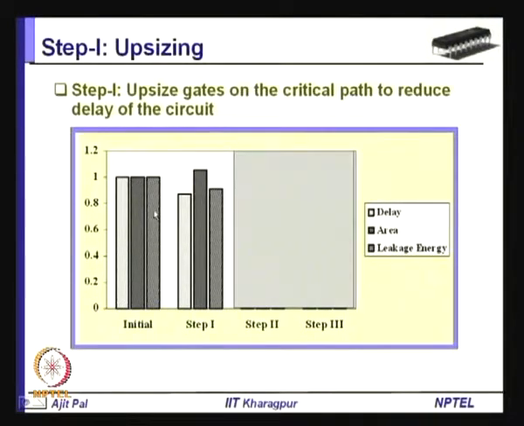So, this is the first step, and at the end of this first step, this is the initial delay, area and power. After the upsizing is done, some of the gates on the critical path have increased in size, and obviously the area will become more. However, delay will reduce because the delay of the critical path has been reduced by upsizing.